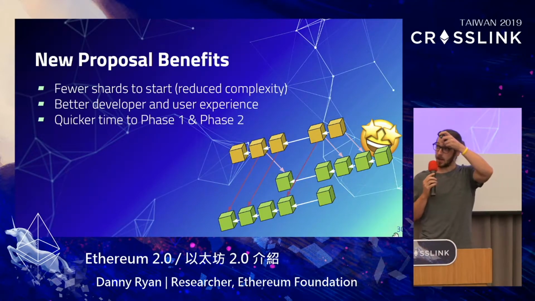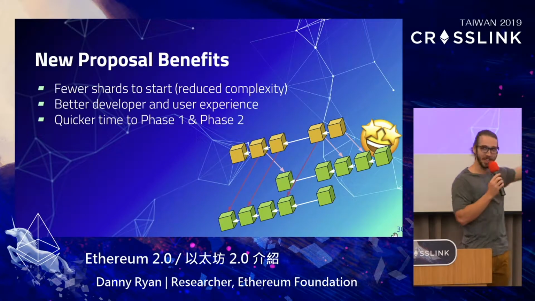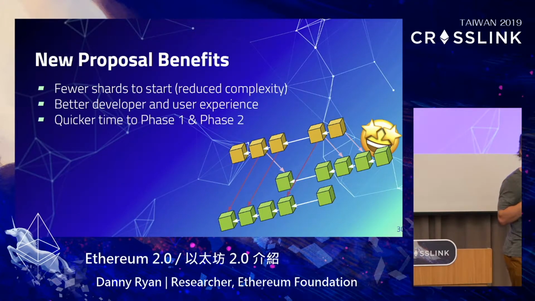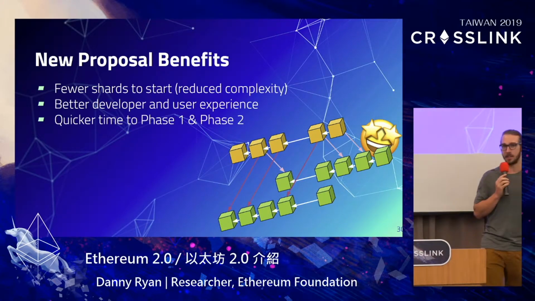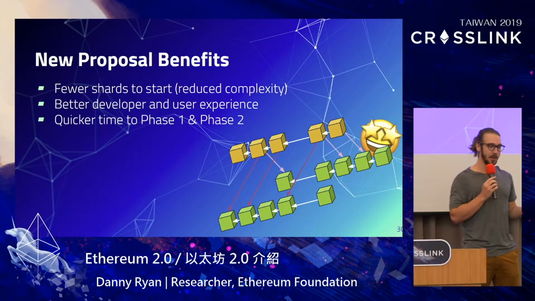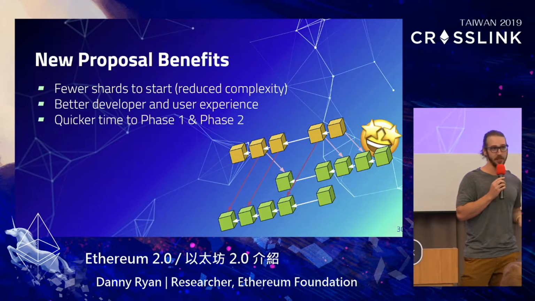So some benefits. Funny enough, fewer shards at the beginning ultimately ends up as reduced complexity, and so actually might be a benefit in getting these things out to production in time to market. Certainly a better user experience and potentially even a better developer experience.